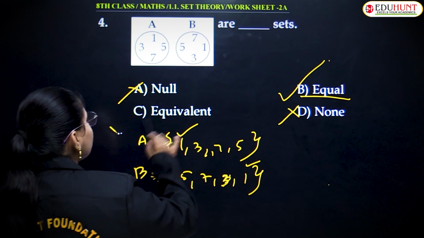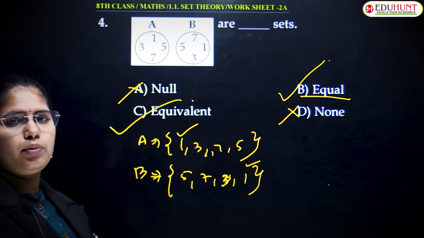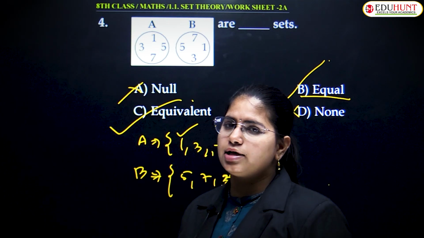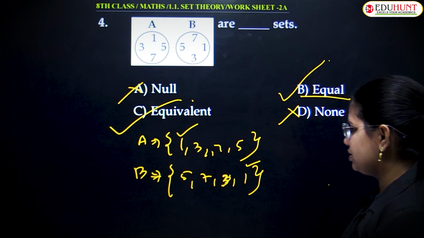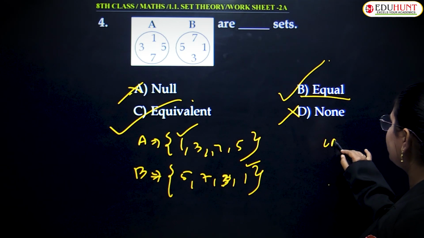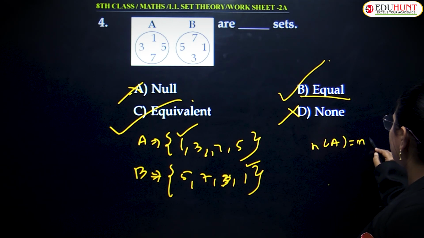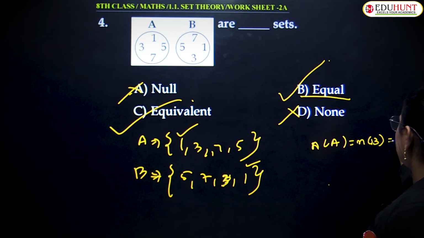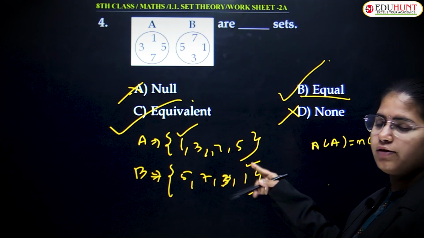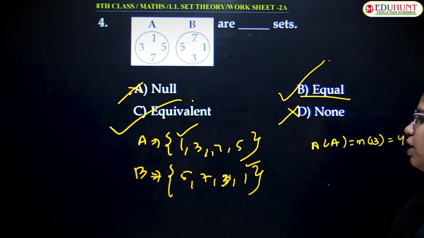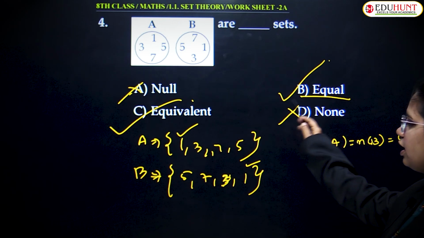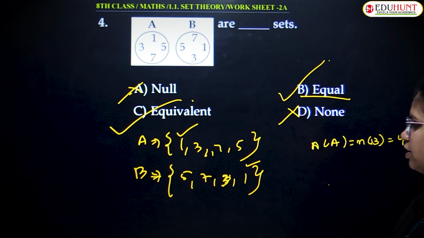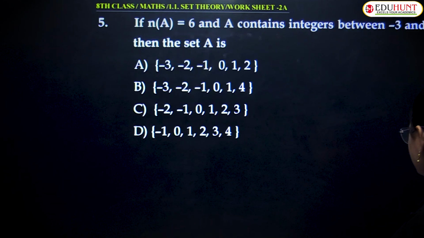So this is an example of both equal and equivalent sets. I hope I am clear with this. So n of A is equal to n of B is equal to 4, the number of elements is the same. Can I get to the next question?